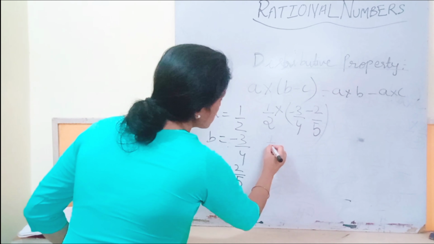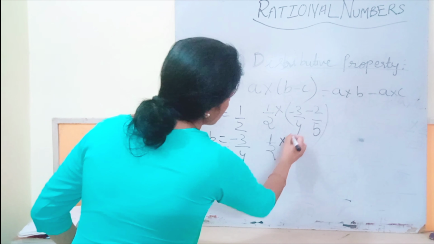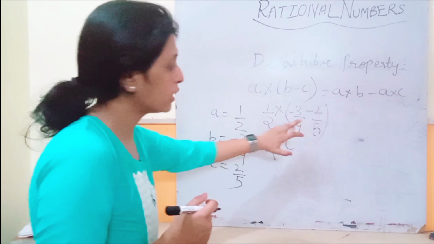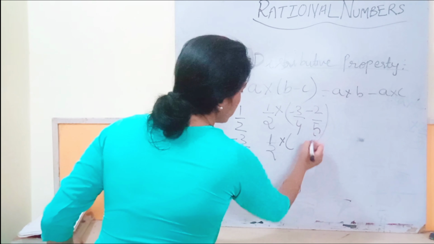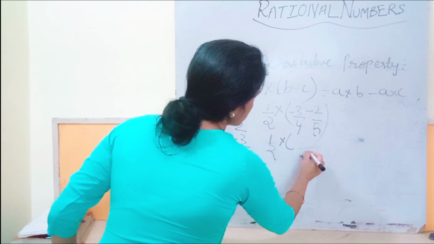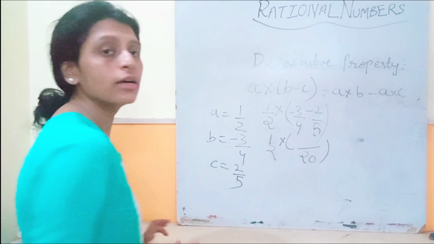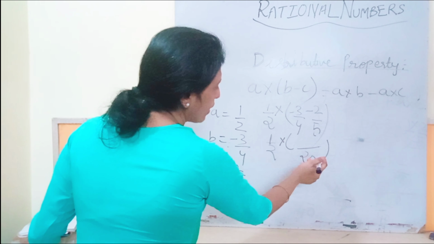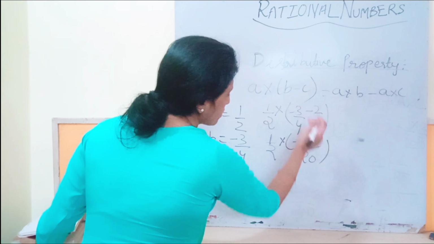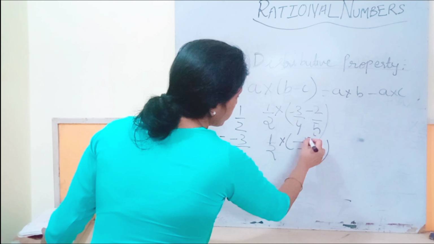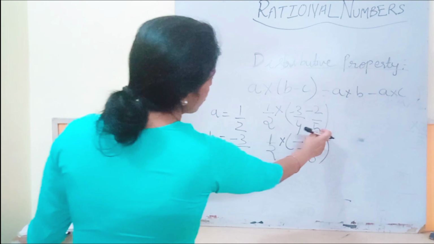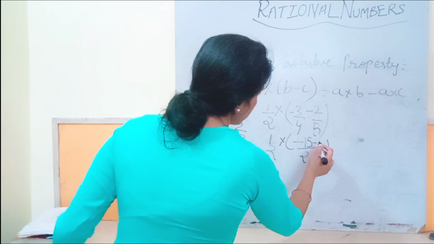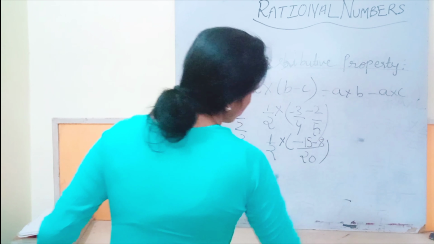So now first we are going to solve the two things that are inside the bracket. So 4 and 5 LCM is 20. You know why we are taking the LCM. So in 4's table 20 comes 5 times, and this will be multiplied in the numerator, and this will become 15, minus, in 5's table 20 comes 4 times, and 4 will be multiplied in the numerator, and it will become 8.